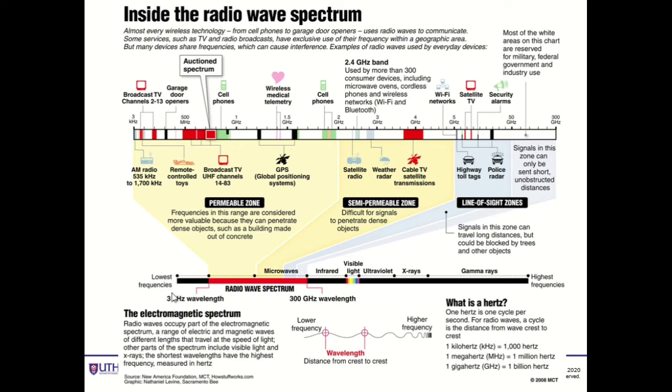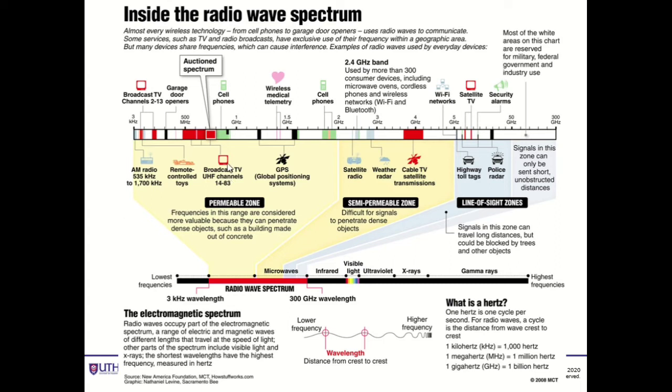I already mentioned that the radio wave communication spectrum uses from 3 kilohertz until 300 gigahertz. At this spectrum, we divide it into a few zones. The first is the permeable zone, where the frequencies in this range are considered more valuable because they can penetrate dense objects such as buildings or concrete.